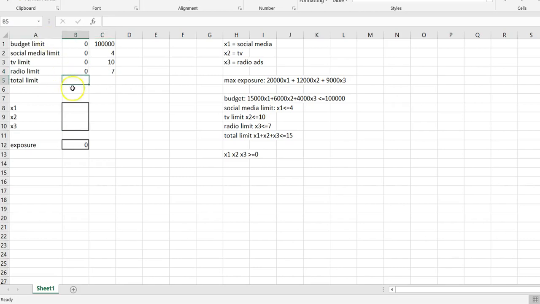Now X1, X2, and X3 represent how many of each type. Well, the total has to be less than 15, so that would equal X1 plus X2 plus X3. The total number of social media plus the total number of TV plus the total number of radio ads equals the total number of ads made. And they only have time to make up to 15.